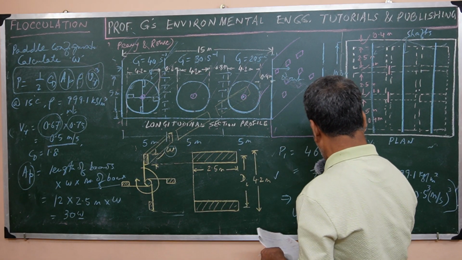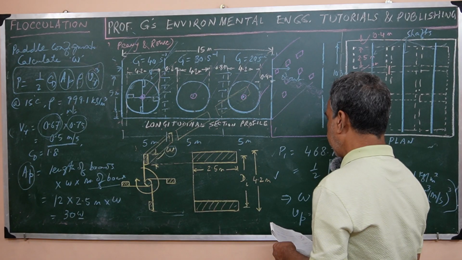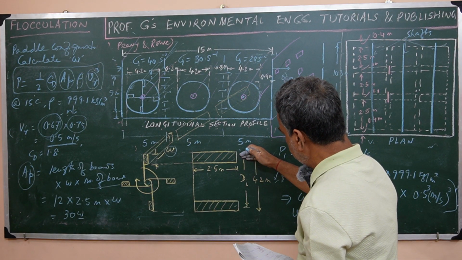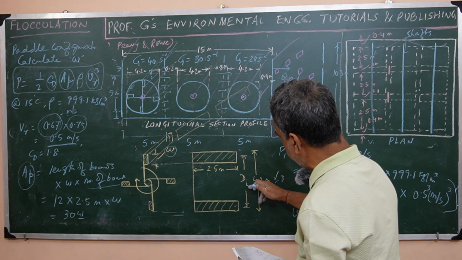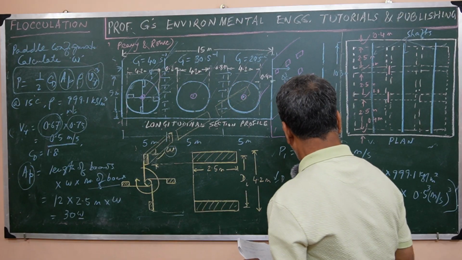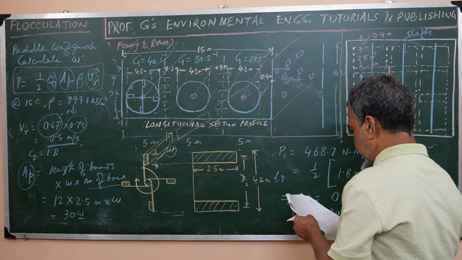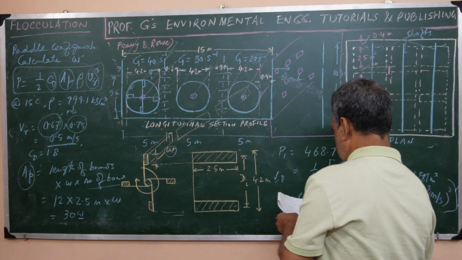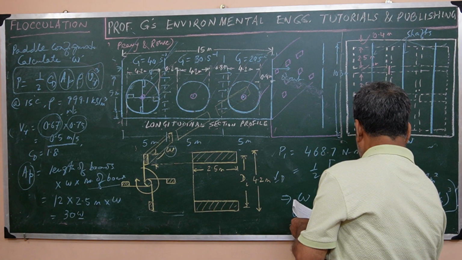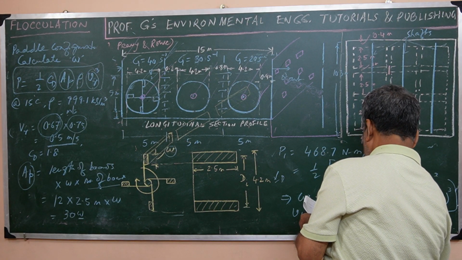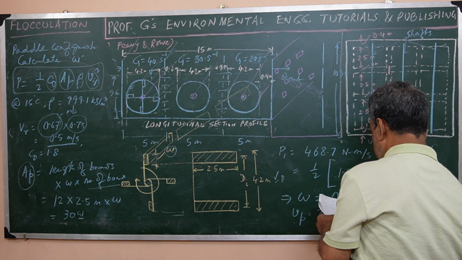So accordingly pi d omega, this is the d, the center to center distance of the impeller, but the actual diameter of this one is d. So pi d omega. So Vp is given, so this would be say 0.67 meter per second.